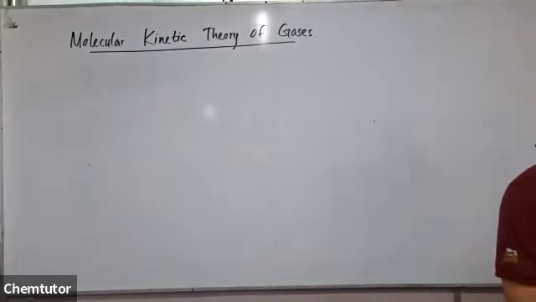So that was a property of ideal gas. Now here also we are learning that gases are composed of widely separated, very small particles. Right. So that is one of the assumptions.